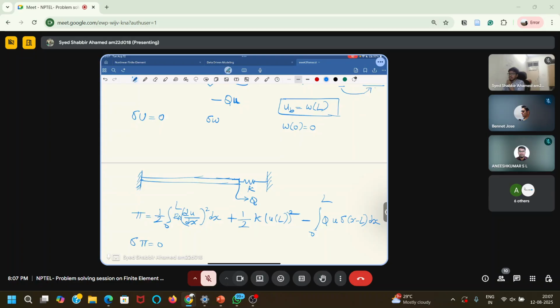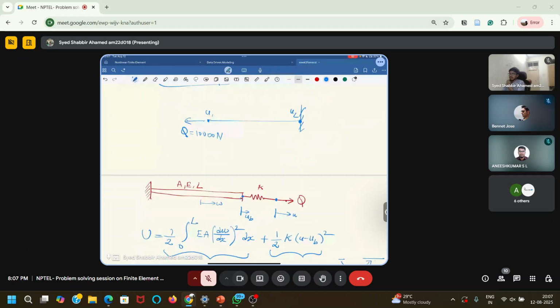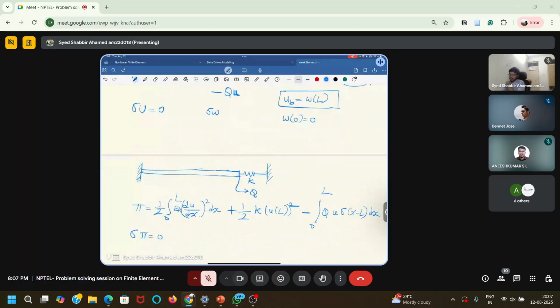That you can do. It's not a big problem. You can also write this variational also. U of x, this also we can take variational.